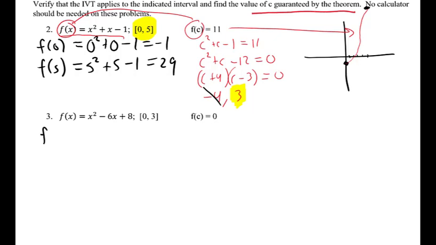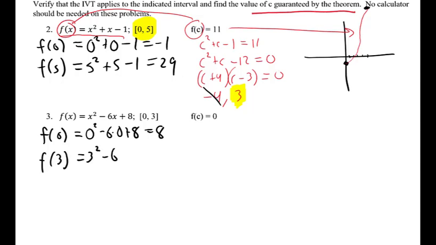Okay, so left bound has a y value of 8, and the right bound, let's see, 9 plus 8 would be 17, and minus 6 times 3, so -1. Okay, so visually, you don't always have to make a visual, but I'm doing it here to help you see.